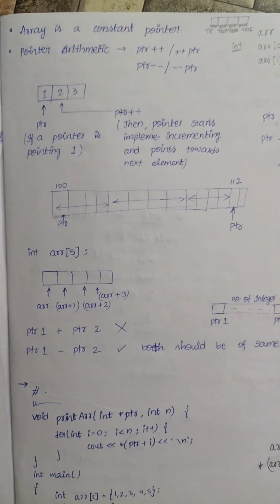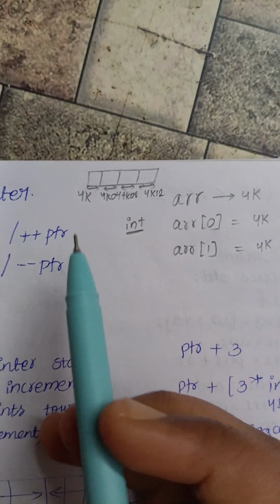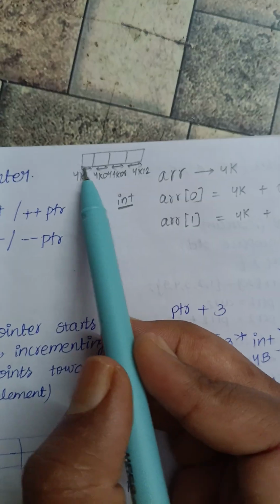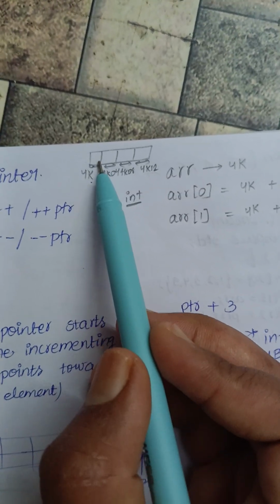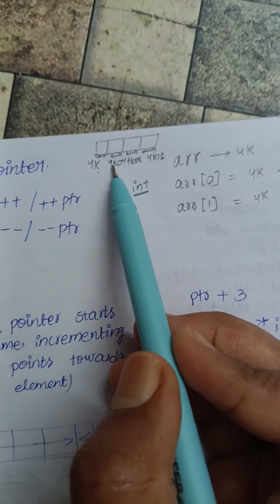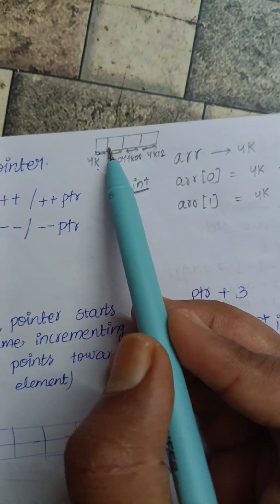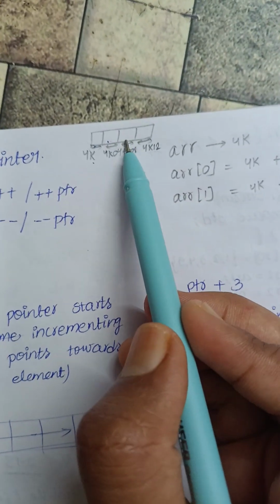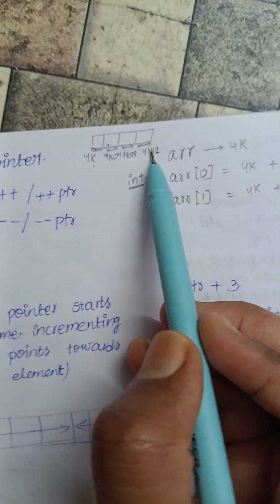Now, previously I told you that an array is a pointer. Here we'll see what we can do with this pointer. If this is an array and 4k, meaning 4000, is the memory address of this index of the array, then 4004 will be the address of this box, 4008 the address of this box, 4012 the address of this box.